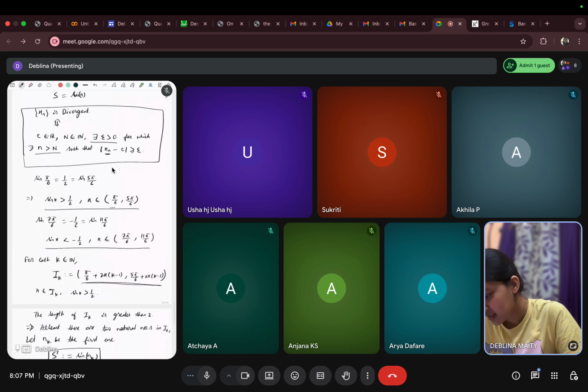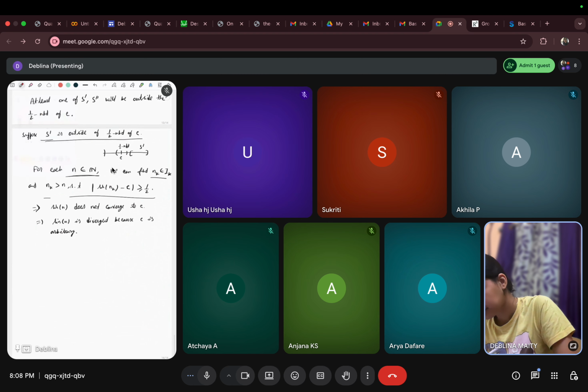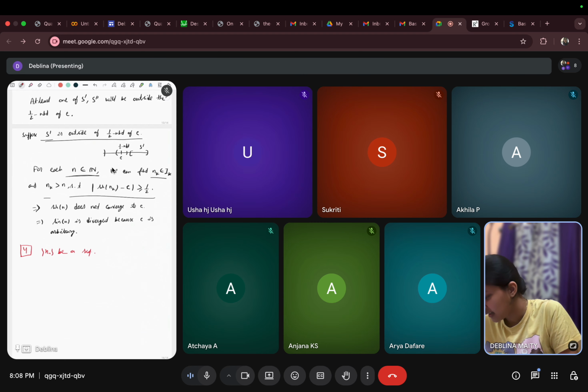Problem number 3. So let xn be a sequence, right? And x2n, x3n, these are the subsequences, and x2n plus 1 is convergent.